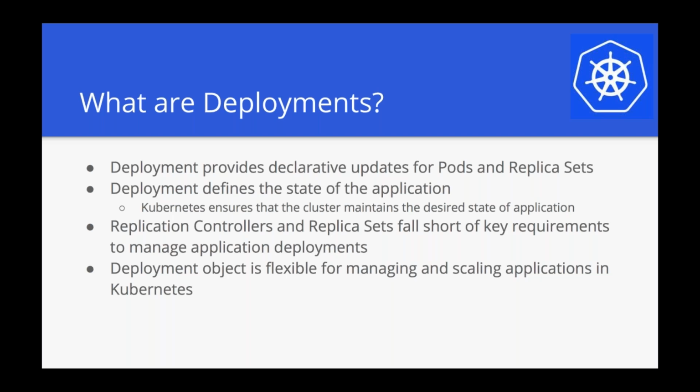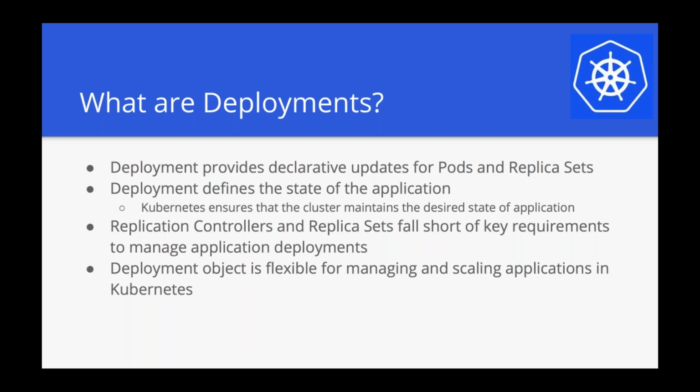So one of the biggest advantages of using a deployment versus a set of pods and replica sets is that you can define the desired state of your application. You can actually say that my application needs to run at least these many instances, and out of this, these many should be running a different version, and the remaining pods should be running another version.